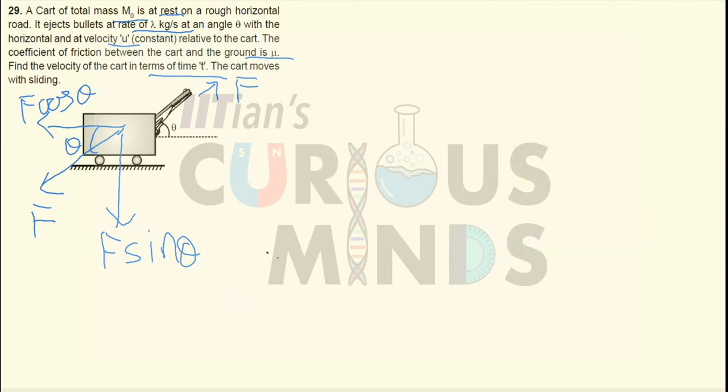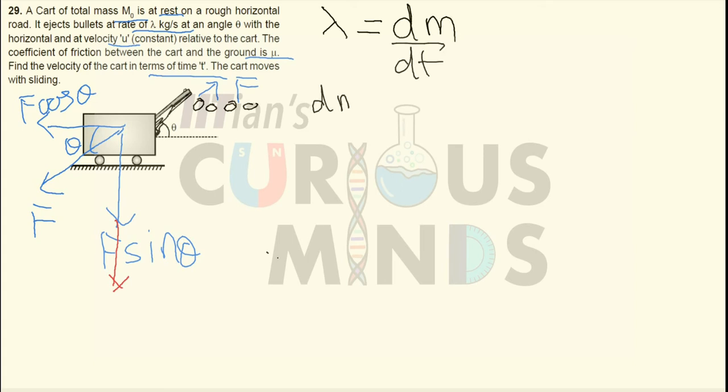Besides this force, there is mg of the cart acting in the downward direction. The mass of the cart is given as m naught, the initial mass, but it goes on losing mass in the form of bullets. When the bullet is launched, there is a loss of mass, so lambda is equal to dm by dt. So dm is equal to lambda dt, that is, in time t the mass lost will be m equal to lambda into t.